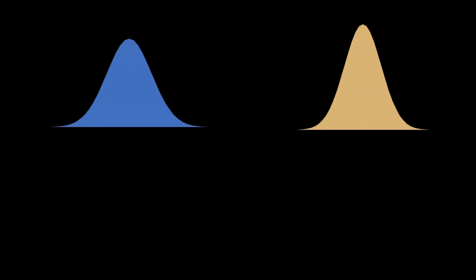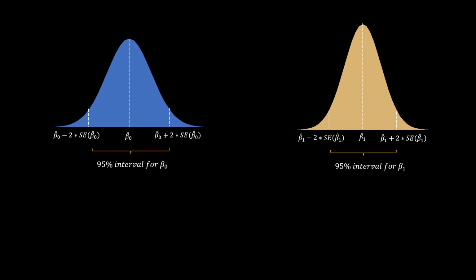Once we estimate beta 0 hat and beta 1 hat from the sample, we can, let's say, create a 95% confidence interval for the true population parameters. Here I have used a factor of 2 to approximate the confidence interval on either side. For the exact confidence interval, we have to invert the t-distribution, keeping the 2.5% probability on each side.